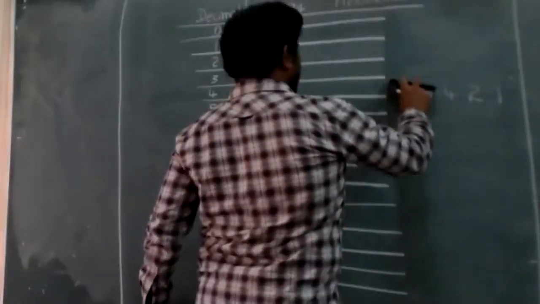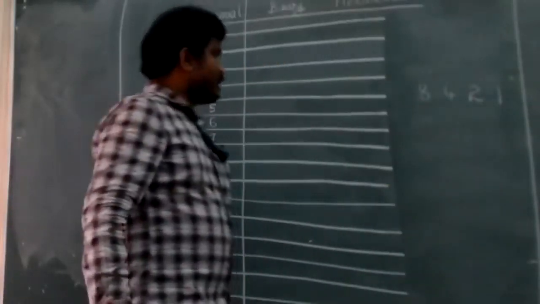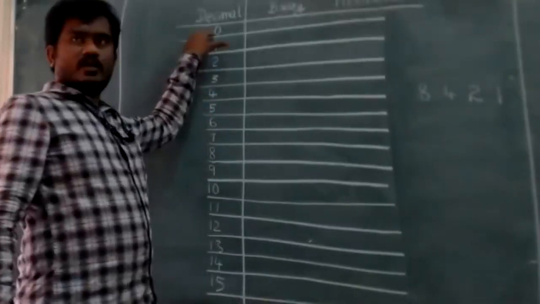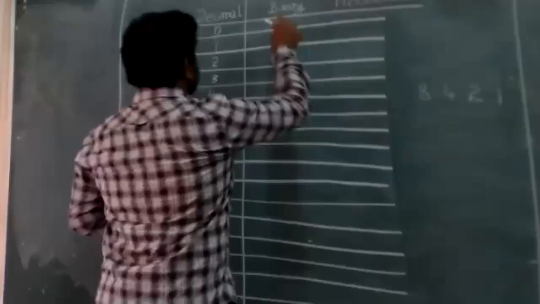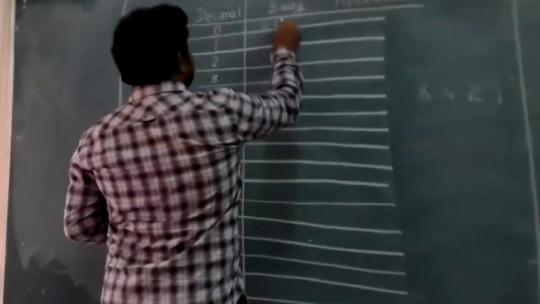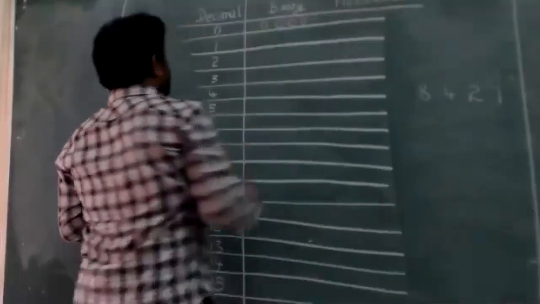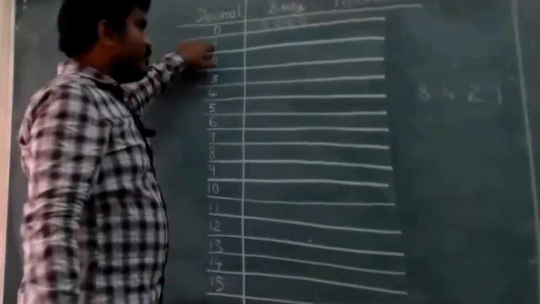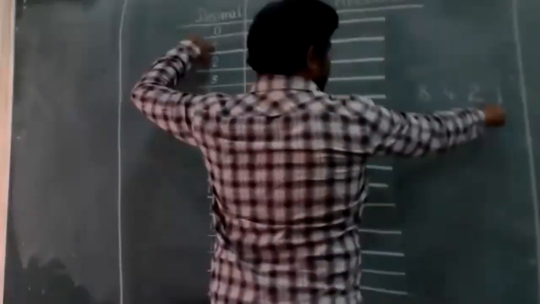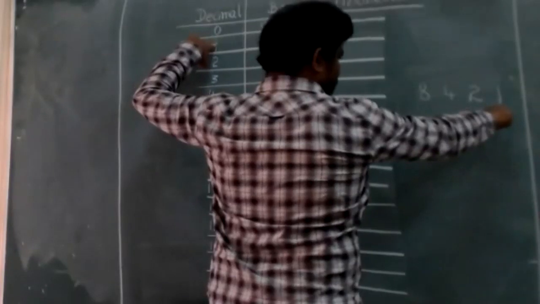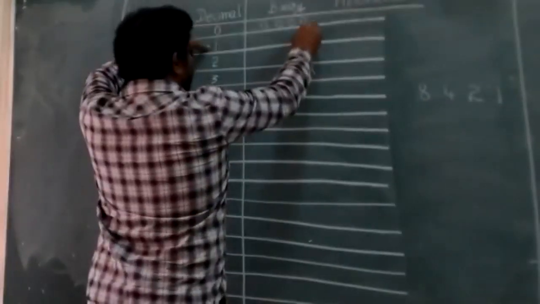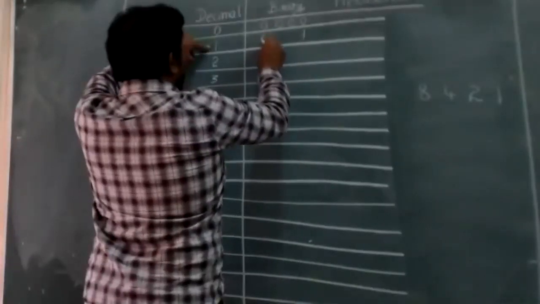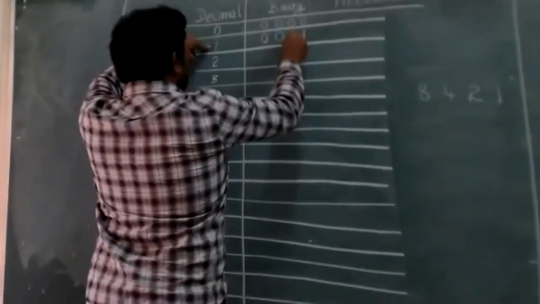Now let me consider only the 4 bits. How do you represent 0? You can represent 0 by 0, 0, 0, 0. Then how do you represent 1? We can represent 1 by considering logic high at this place and the rest all equal to 0.